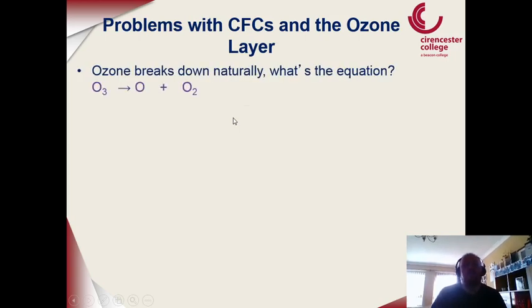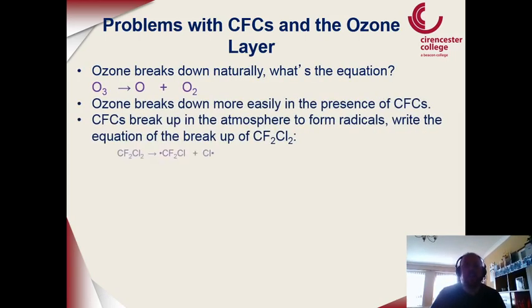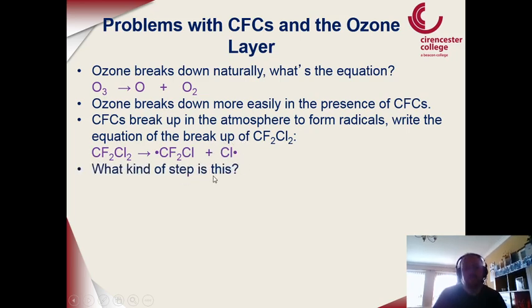So what's the problem? Well, if we have ozone breaking down to make oxygen, normal oxygen O2, usually that then goes backwards and creates more O3. However, if we start breaking up CFCs, we end up getting a chlorine radical, and that's your chlorine radical there.